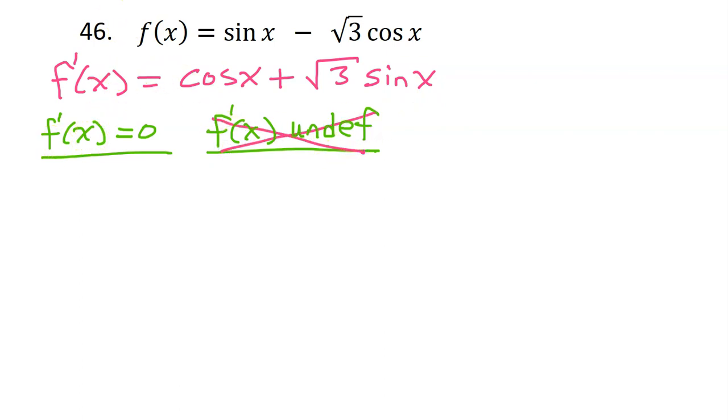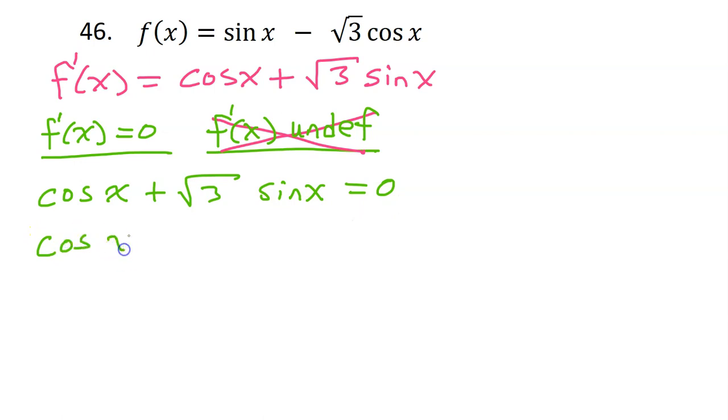So setting f prime equal to 0, we have cosine x plus radical 3 sine x equals 0. Subtracting radical 3 sine x from both sides, we have cosine x is equal to negative radical 3 sine x.